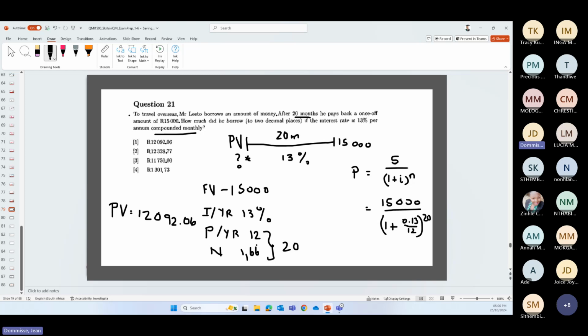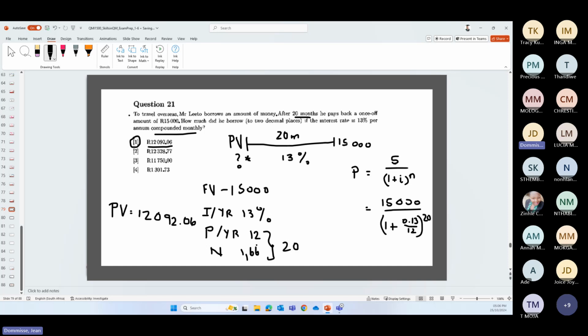The paper-based version is a bit blurred from what we got in the previous exams, but there we have the 12,092.06.